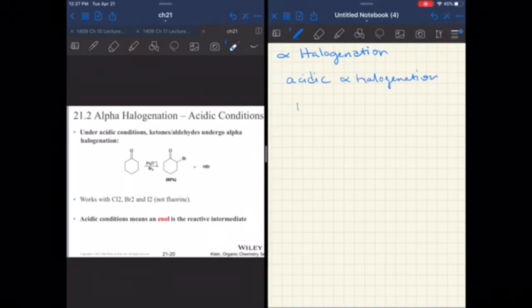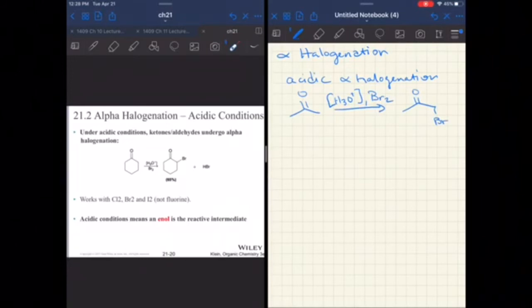The overall reaction is pretty simple, so I'm just going to use acetone anytime I can. I like to do that. All right, we're going to have an acid catalyst, and we're going to have our halogen there. We're going to use bromine. This is going to allow us to put that bromine on the alpha position.